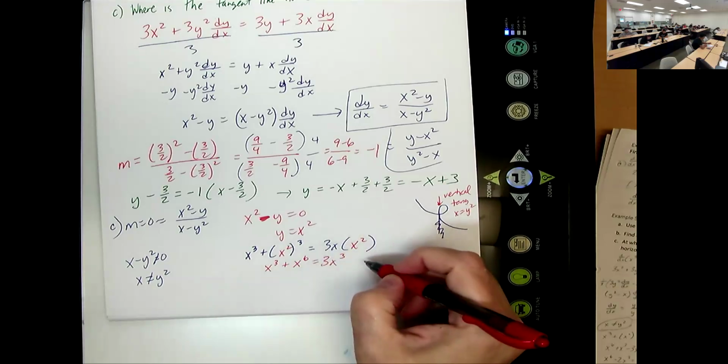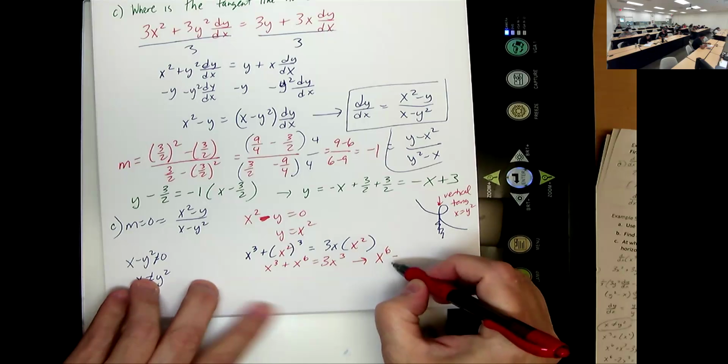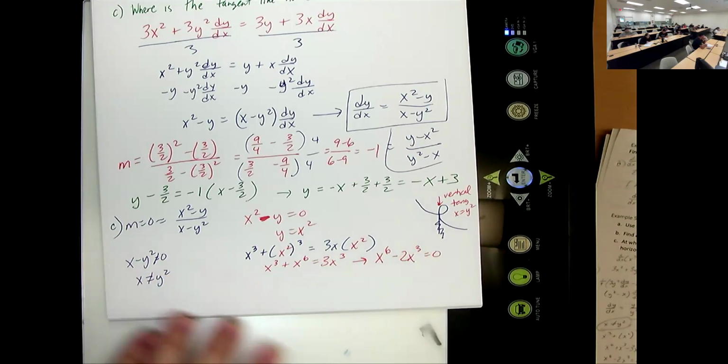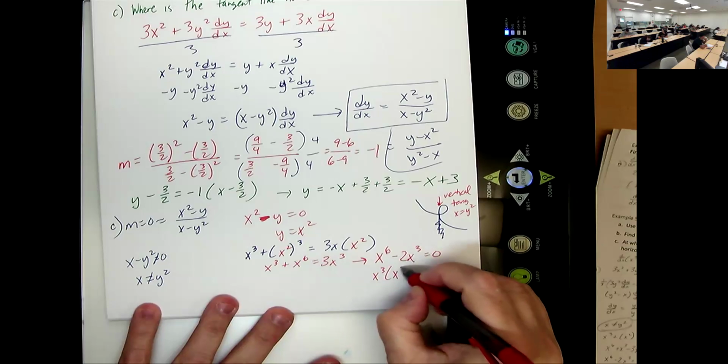So I'll get them all on one side. x to the 6th power, I'll subtract 3x cubed over, and we're going to end up with -2x cubed. We can factor out an x cubed.